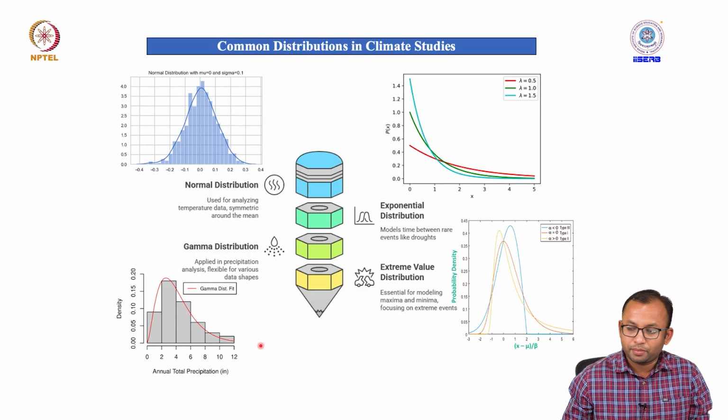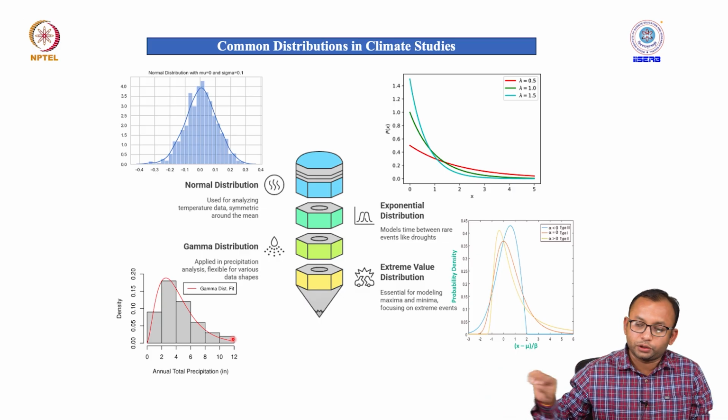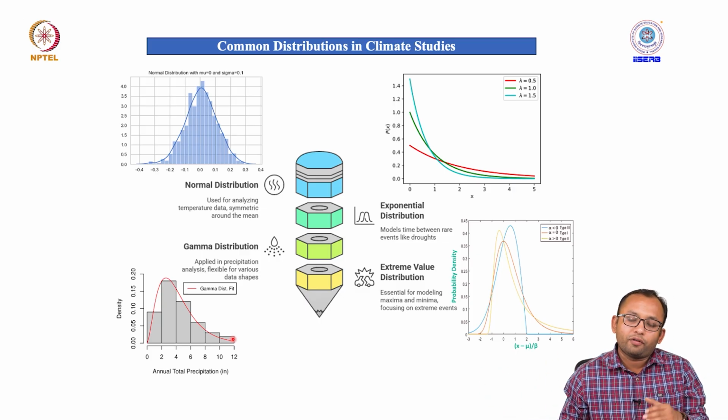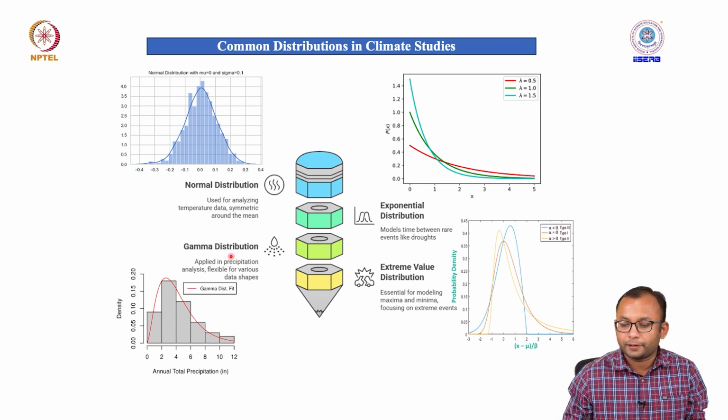It is a slightly skewed distribution compared to the normal, where the positive tail is slightly elongated towards the positive direction, which tells us there is some probability for extreme values compared to normal distributions.